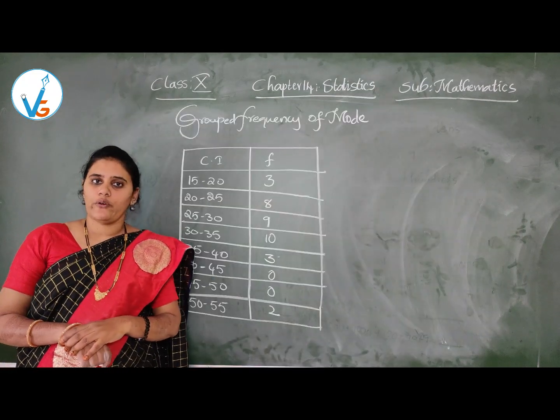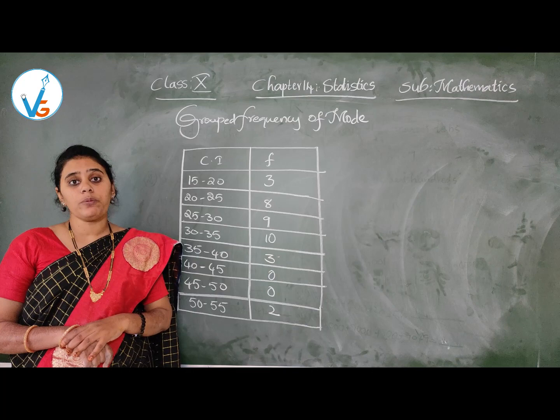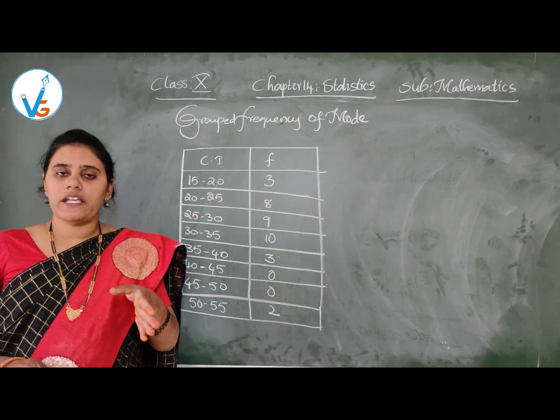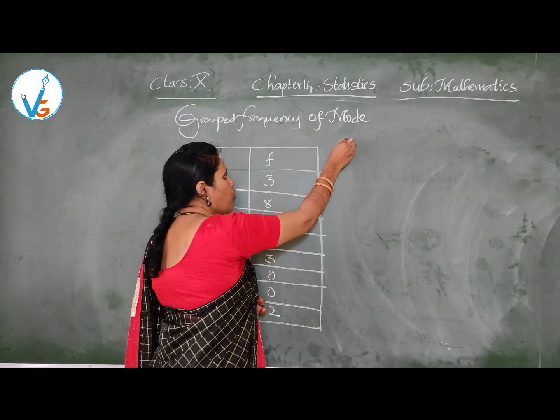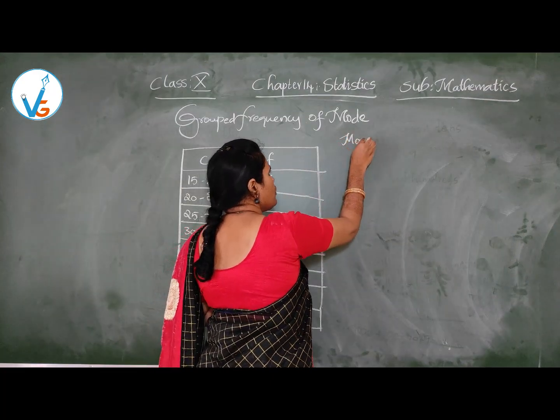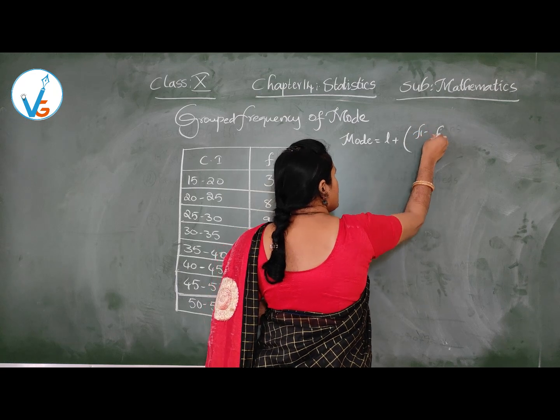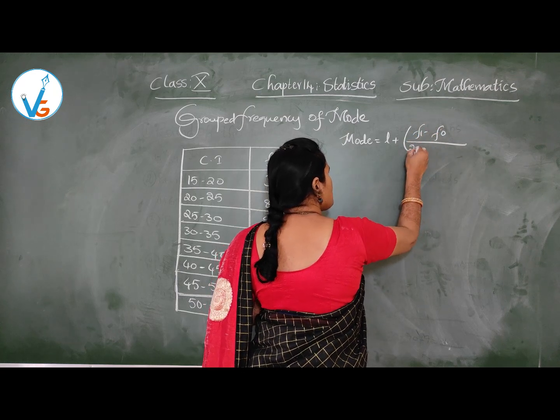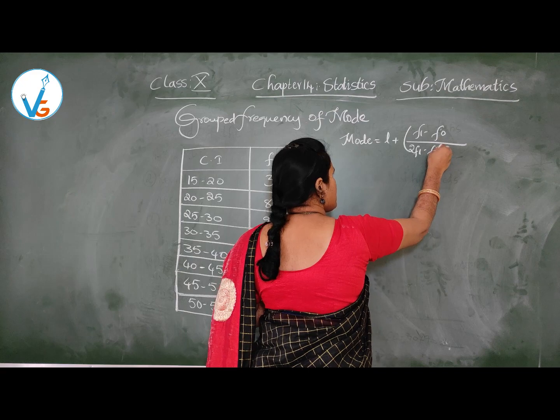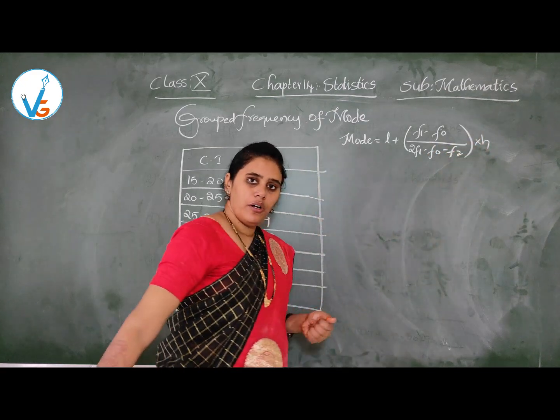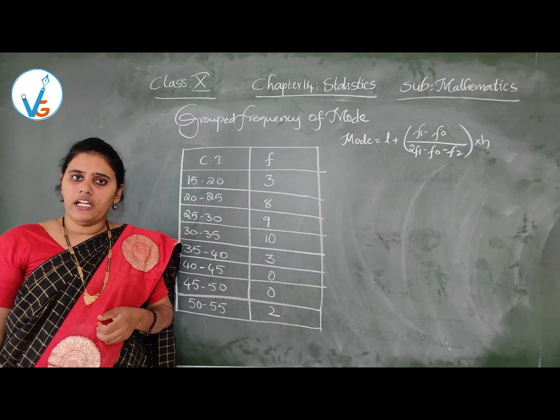So now we are going to learn about the grouped frequency of a mode. Before I enter into the problem, let us know about the formula for a mode. Mode is equal to L plus (f1 minus f0) by (2f1 minus f0 minus f2) into h. This is the formula for the mode.